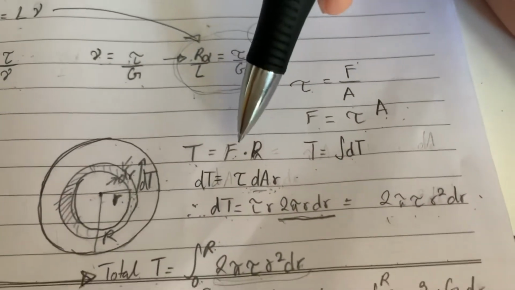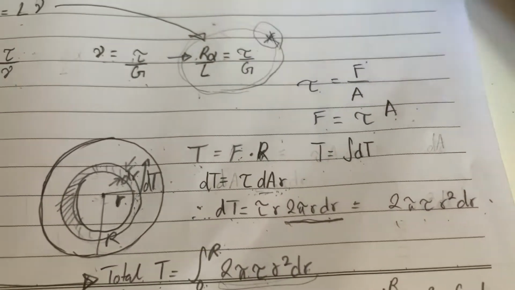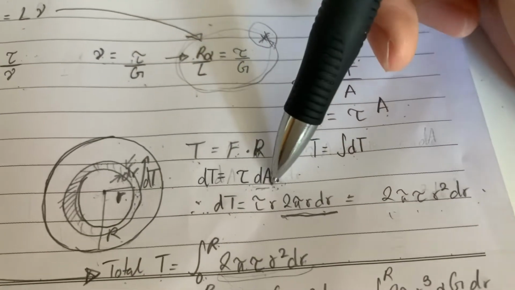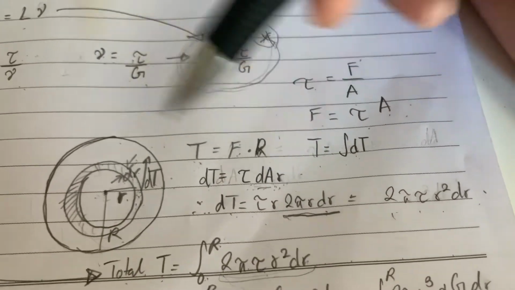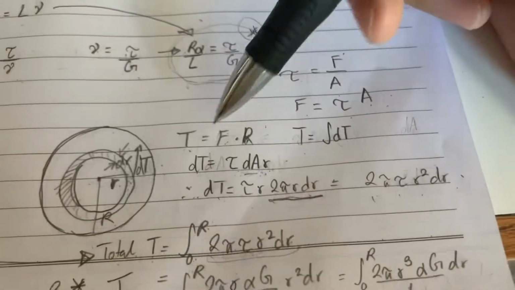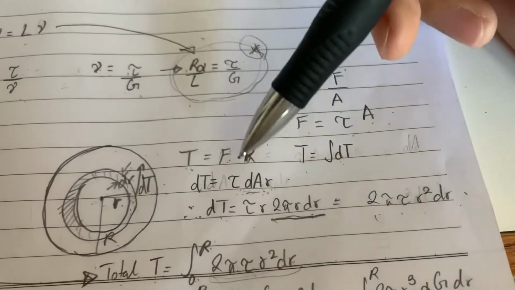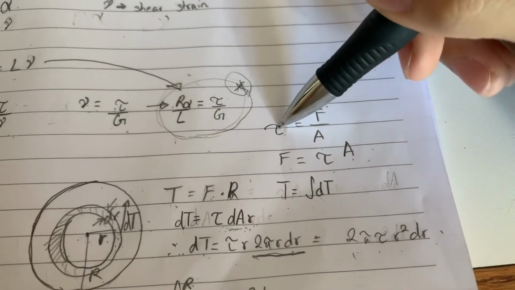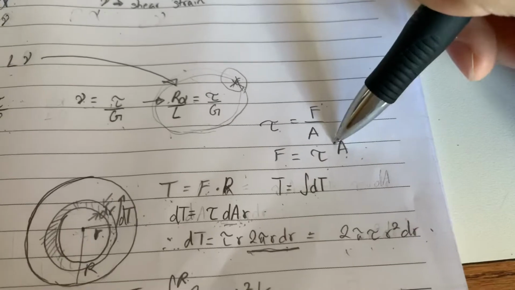Torque we know is force times radius, so the incremental torque will be tau dA times the small r, the small radius of the incremental ring. This formula comes from the fact that tau is stress, which is force over area.